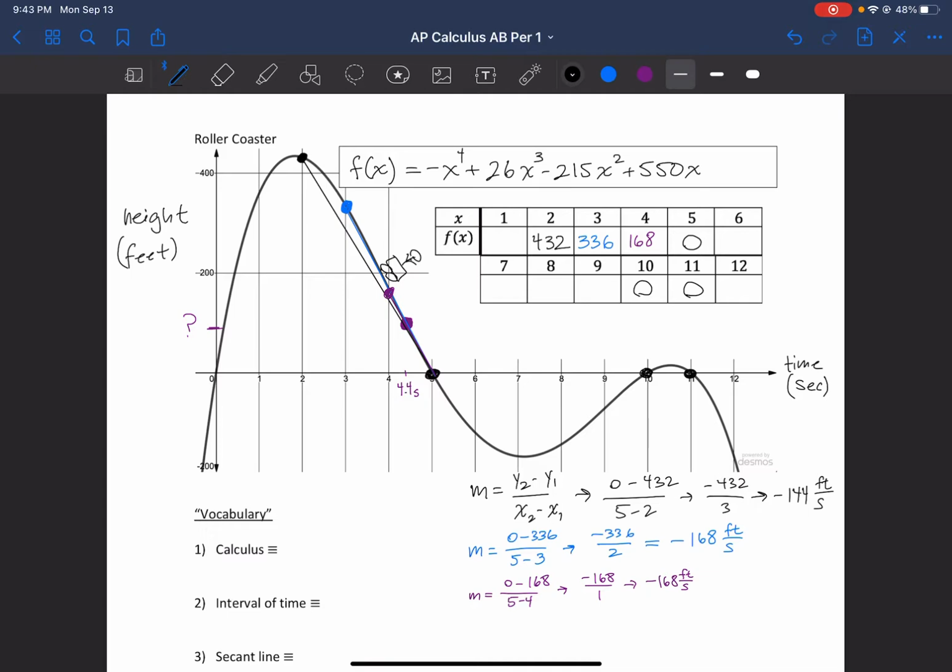Find those 6 values, and then we'll get started with my unofficial definitions of those vocabulary terms.